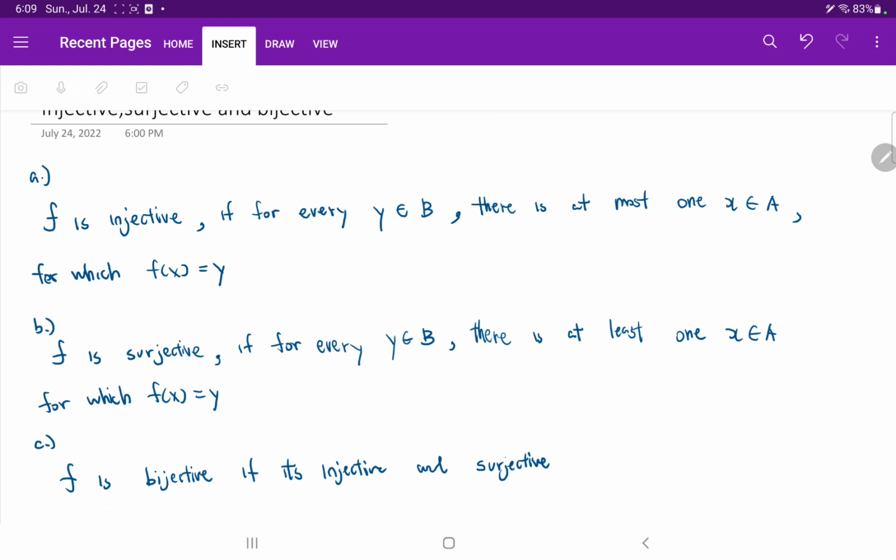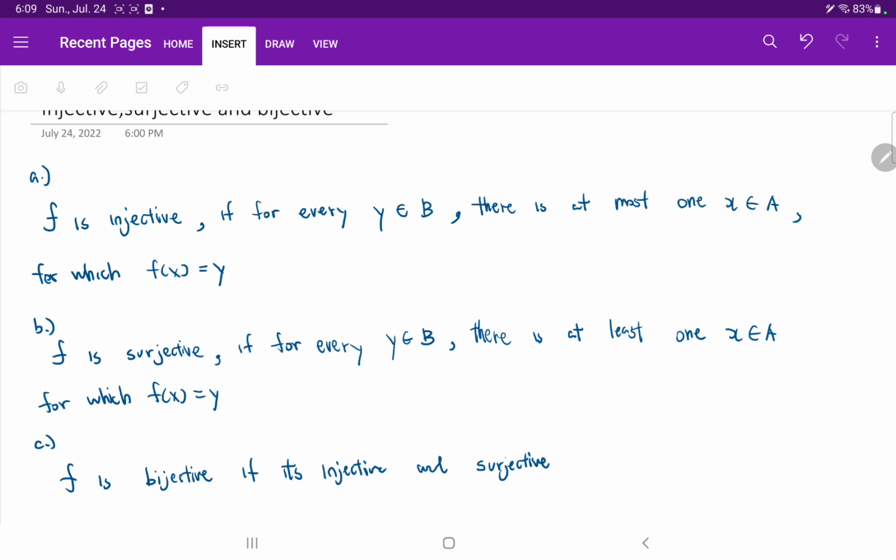So what does this mean? This means that every element y can only have one corresponding element x, which I'll show in a later example. This might sound confusing at first, but it's going to get clear once you see the example. And if f is a surjective function, it means that for every element y in B, there is at least one x in A for which f(x) is equal to y.